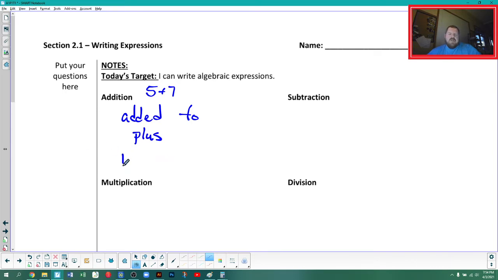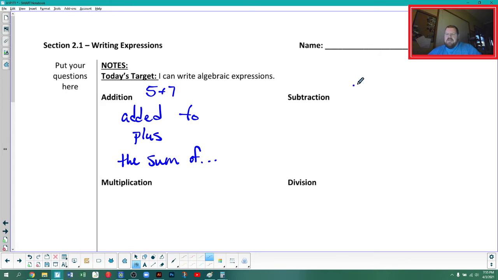I could use the sum of. The sum of 5 and 7 would be a good way to do that. I think I'm going to stick to those three. There's a lot more, a bunch of different ways, but we'll see some more in some of the examples, and I'll talk about some other ones in class.